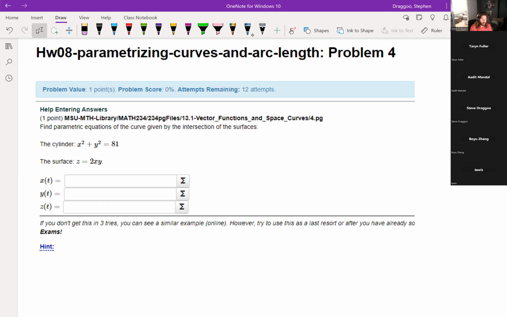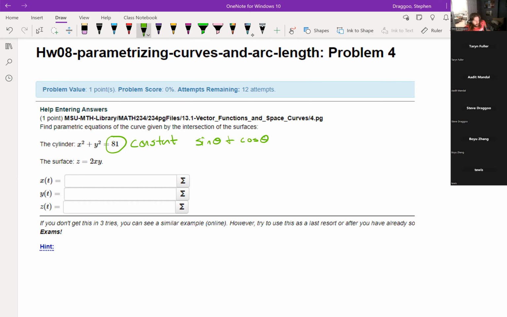In this example, where we've got x squared plus y squared equals 81, specifically it's equal to a constant on the other side, we probably want to use a parameterization that uses sine and cosine, since the easiest way to describe a circle is with sine and cosine.